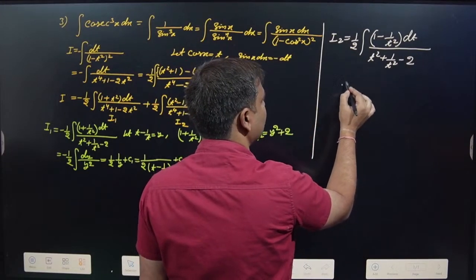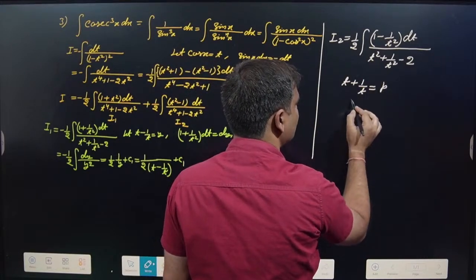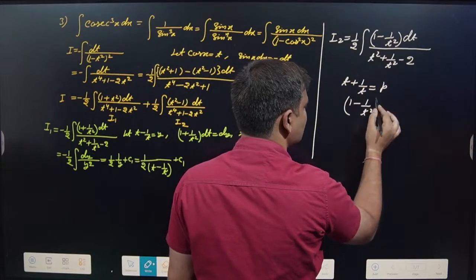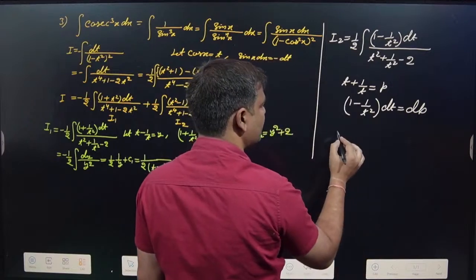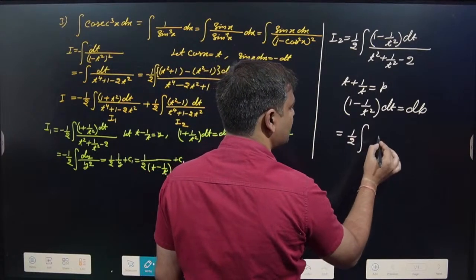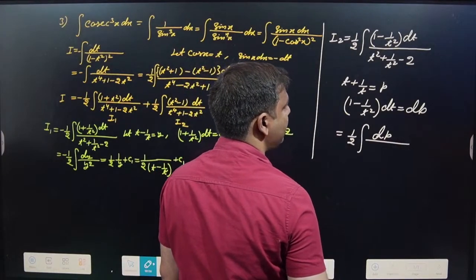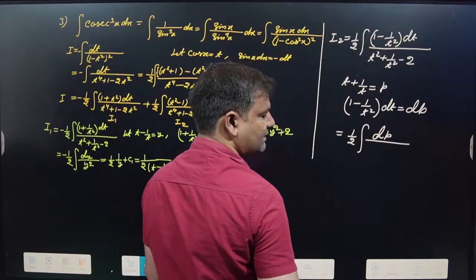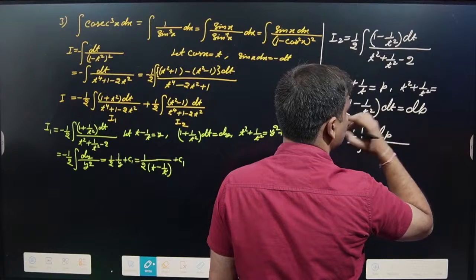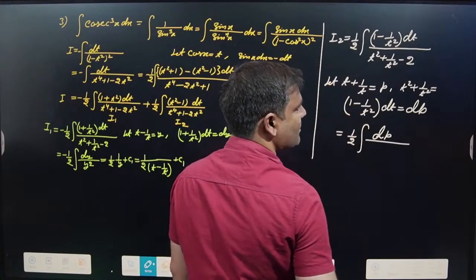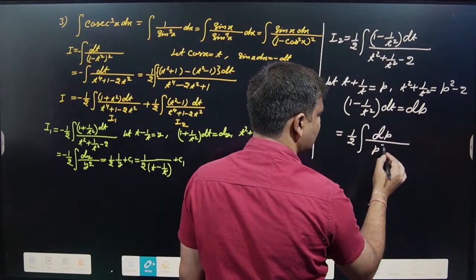Now here t plus 1 by t is p. So 1 minus 1 by t square dt is replaced by dp. So this is written as 1 by 2 dp divided by, if squaring both sides, t square plus 1 by t square is replaced by p square minus 2.